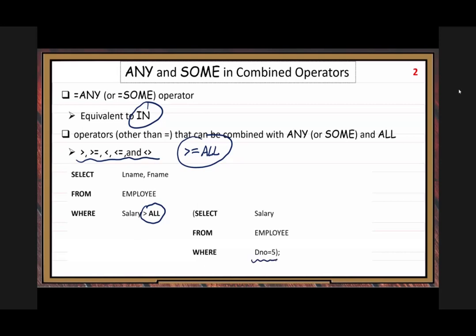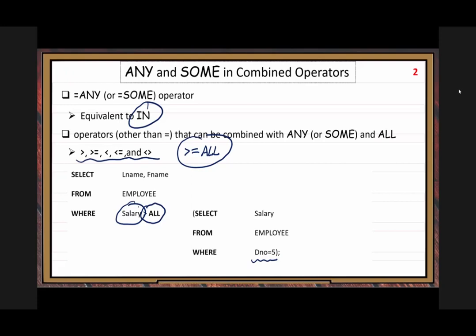In the inner query, you return salary. So the table contains the salary numbers for the employees in department 5. Then the outer query takes the salary of the current employee selected. Now you run your operator and compare the values.